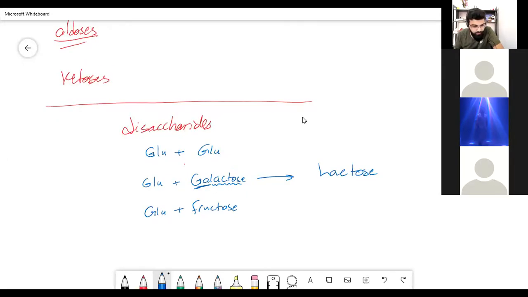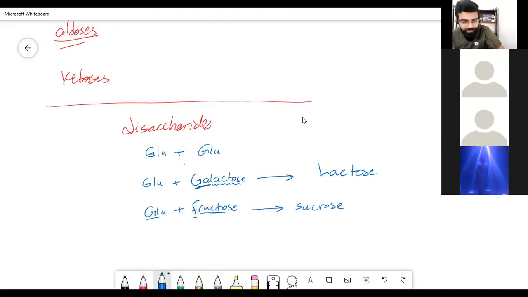The last one, glucose with fructose, is the fruit sugar. We call it by the common name: if you want to buy it, you say, give me the fruit sugar. Sucrose, in Arabic sukkar, so you can memorize it.